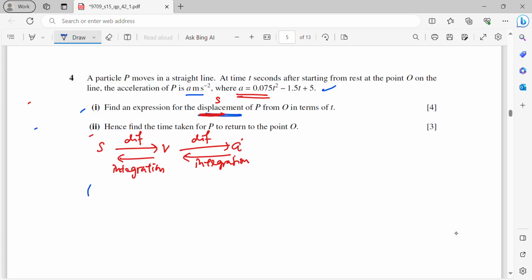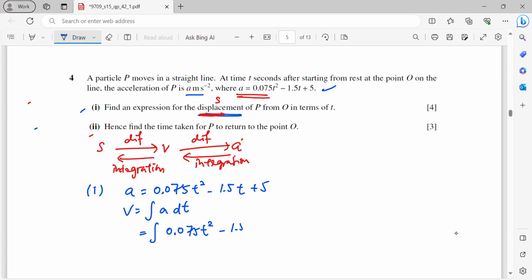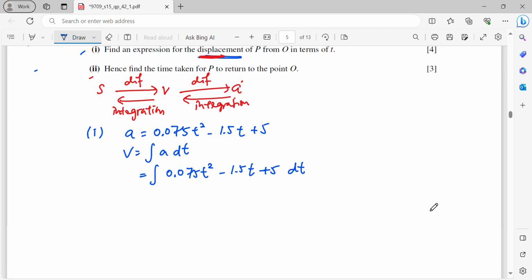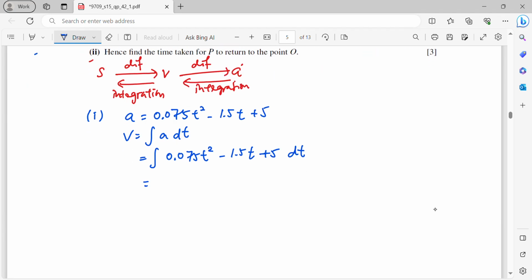So for the first part, my a is 0.075 t squared minus 1.5 t plus 5. So now my v is the integral of a dt, then it will be the integral of 0.075 t squared minus 1.5 t plus 5 dt. Okay, we integrate with respect to t. Whenever we integrate, you must add 1 to the power of the variable.